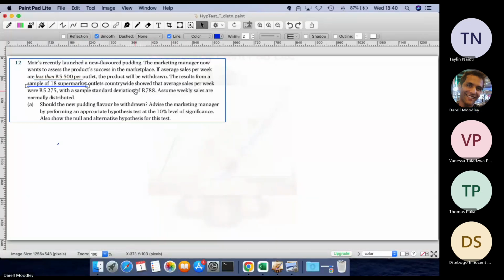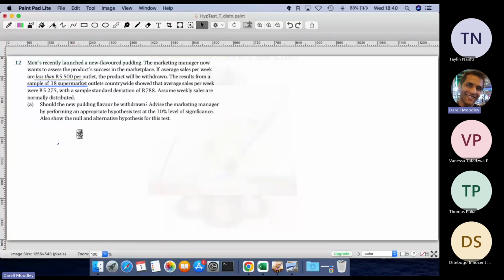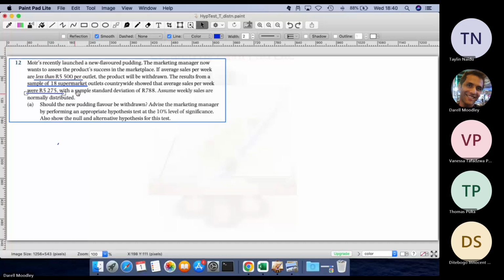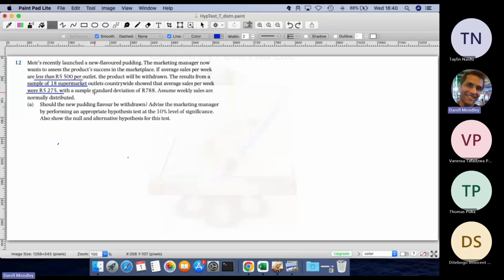So what they did is they only looked at a sample of 18 supermarkets, and of those 18 supermarkets, the average was 5,275. Okay, so we're going to highlight that. This is your x bar. And then a standard deviation of 788.